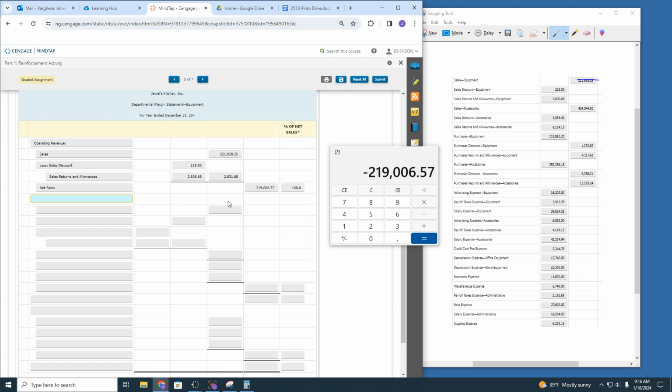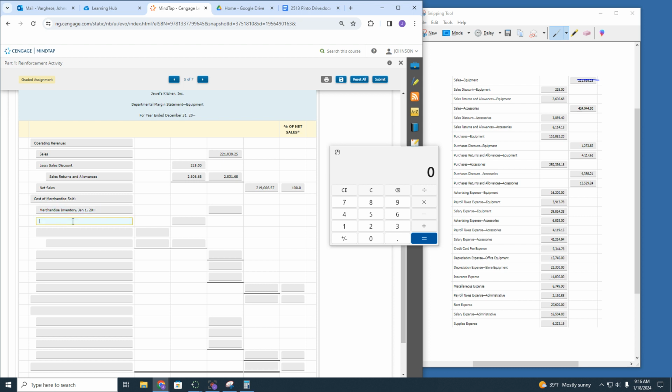All right, now that I have my net sales, the next section that I'm going to work on is my cost of goods sold. So this is going to be my cost of goods sold section. And I'm going to start with my beginning merchandise inventory on January 1.